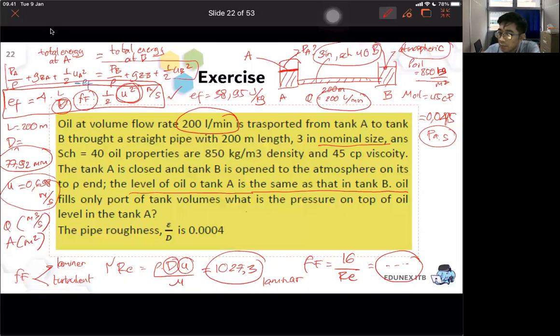PA divided by the density times g ZA plus half UA squared, minus EF, will be PB divided by rho plus g ZB plus half UB squared. But now you need to be careful.